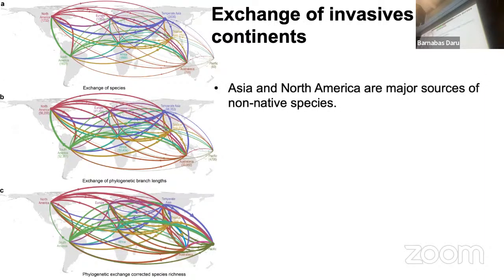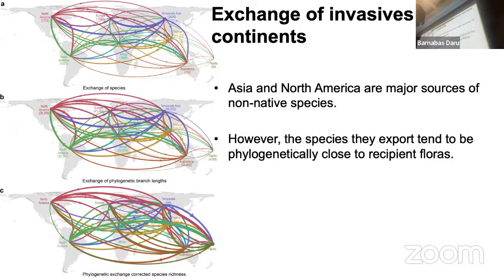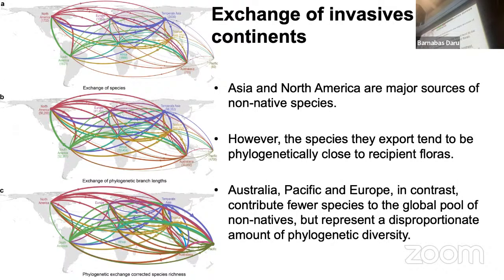We found that Asia and North America are the major sources of non-native species, but the species that they export tend to be phylogenetically close to the recipient floras. Australia and Europe, on the other hand, contribute very few species to the global pool of non-native species, but they represent a disproportionate amount of phylogenetic diversity.